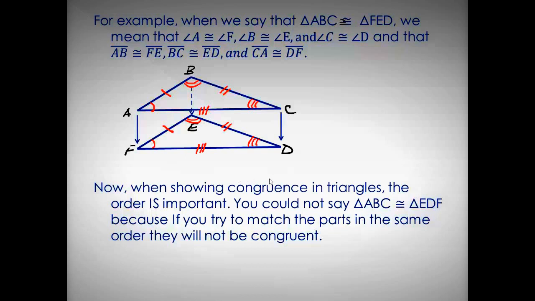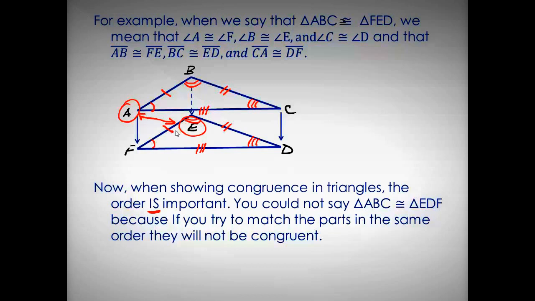Now when showing congruence in triangles, the order is important. You could not say triangle ABC is congruent to EDF, because if you try to arrange them in that order, say matching up E with A, these angles aren't the same, so they're not congruent.